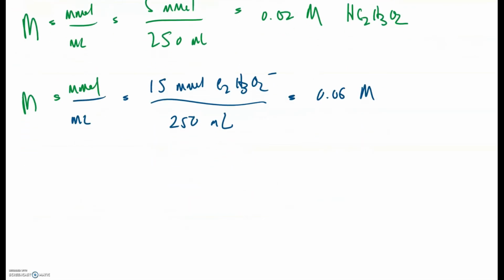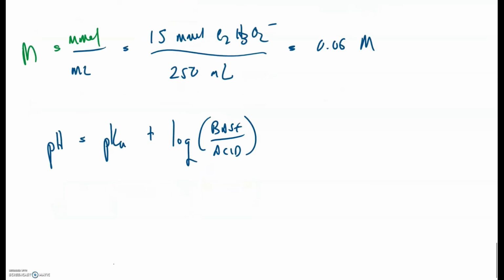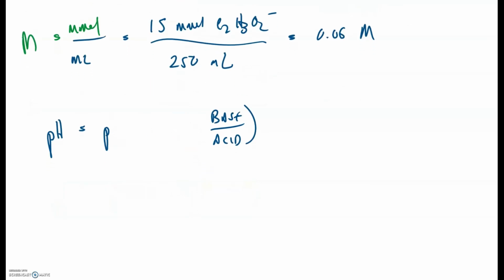So let's see what we get when we plug that into our Henderson-Hasselbalch. pKa plus log of concentration of base over acid. And I'll be honest with you, I'm not entirely sure what's going to happen now. So we're going to say pKa. We know that for acetic acid it's 4.74 plus the log.